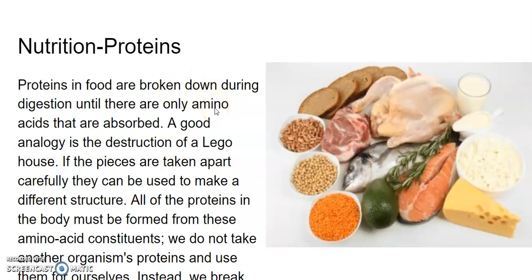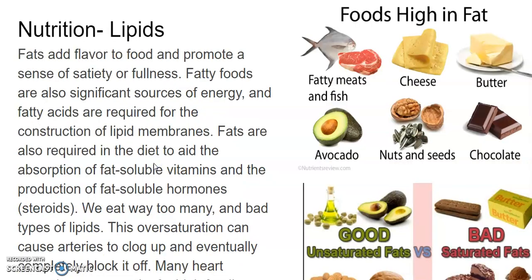It's not for me. And so you take it apart, you break all the pieces down, and then you use it to build a different type of house that will fit for you. Well, proteins are the same way. They have to be broken down, and then we use them to build our own proteins.